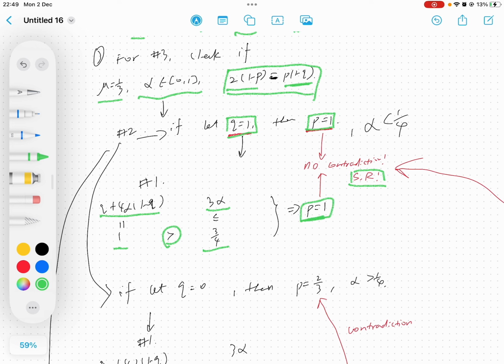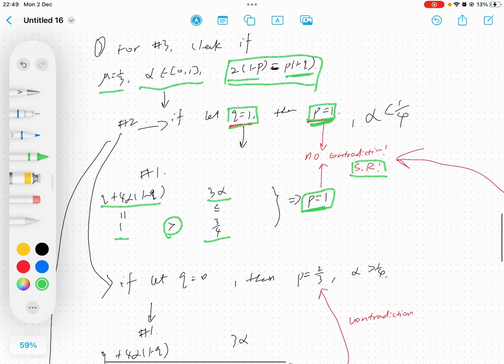And we could see that p is 1 is exactly the same as p is 1 from before, so there's no contradiction here. This one satisfies the sequential rationality. Good. So that would be something for q is 1.